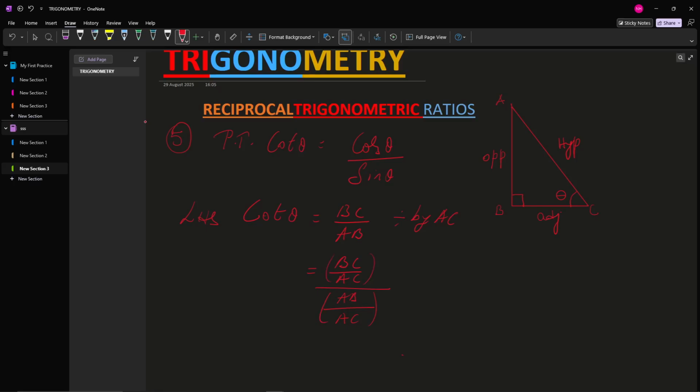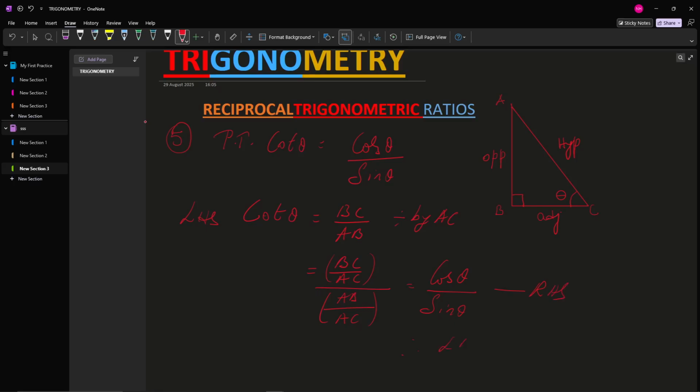So look into the diagram. BC by AC, that is adjacent by hypotenuse. Adjacent by hypotenuse is going to be cos theta. AB by AC, this is the first trigonometric function, that is opposite side by hypotenuse, that is sin theta. So this is RHS.